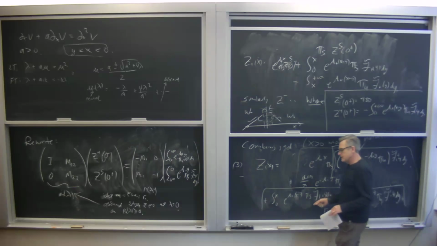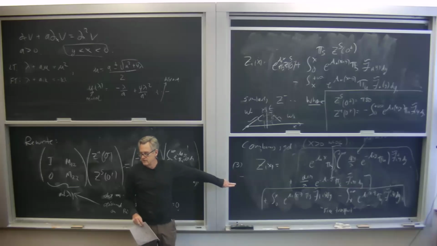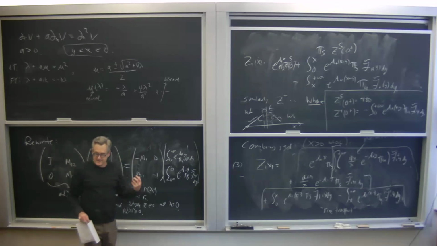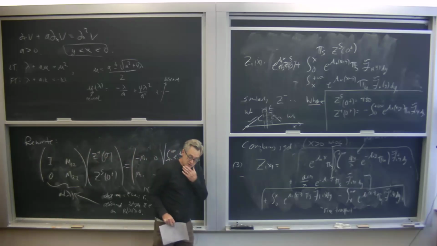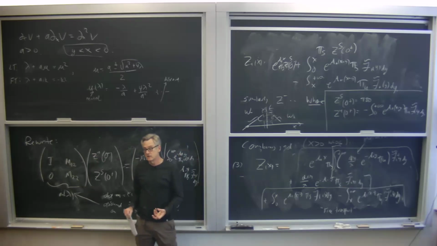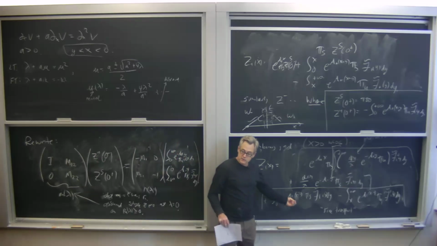There is a subtle issue, though. This is in the z coordinates. This is exact in z coordinates. When we go back to the original v coordinates, there's a conjugation, which is almost the identity, but it has some exponentially decaying terms in x, and so that will introduce error terms.